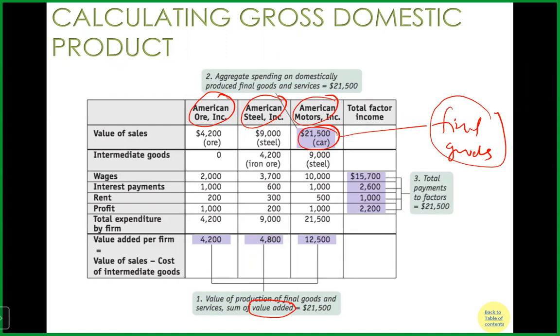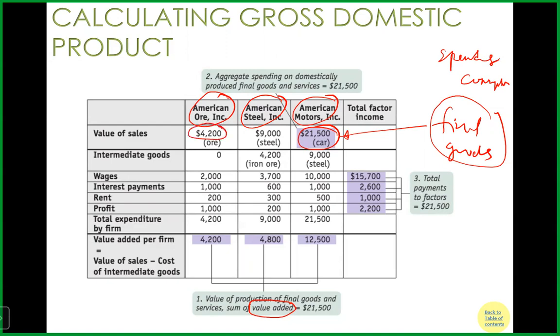By the way, this is equivalent to looking at consumption, or spending, because that's what is going to be purchased by the households. That's the only spending in this economy. Now, if we look at value added, the first firm, this is their sale.